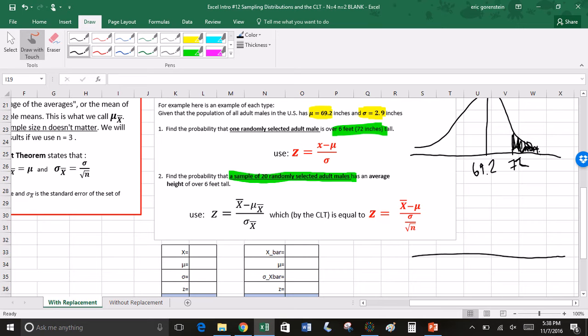So for any sample size, the distribution of sample means will also be normally distributed, with the mean equal to the population mean. Up here, these are x values. Down here, these are sample statistics. Same thing though: if we want the probability that the sample statistic, the x bar, is larger than 72 inches, it's still the area to the right of 72.